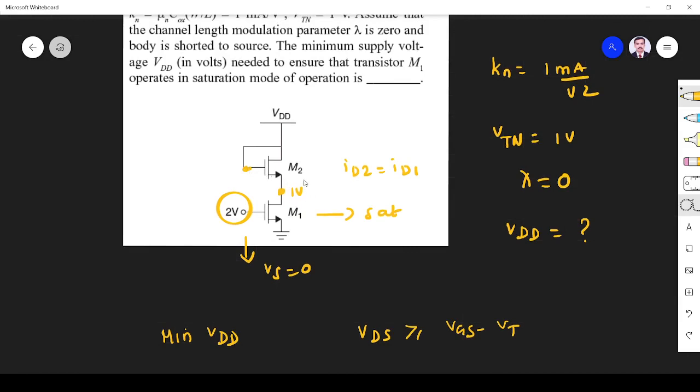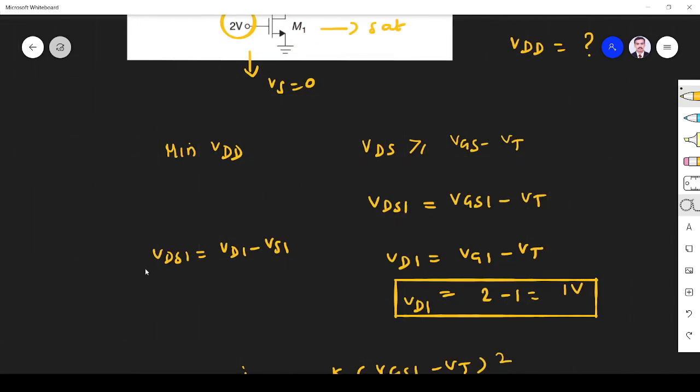But you see, VS2 is equal to VD1. VD1 we found, both terminals are the same node. It is source. So the source voltage of the second transistor is equal to the drain voltage of the first transistor. So VS2 is equal to 1 volt.